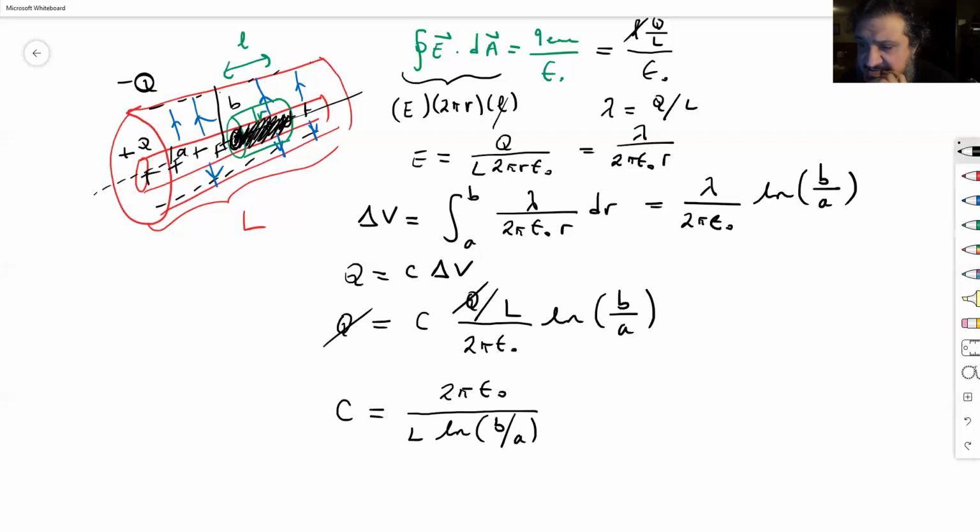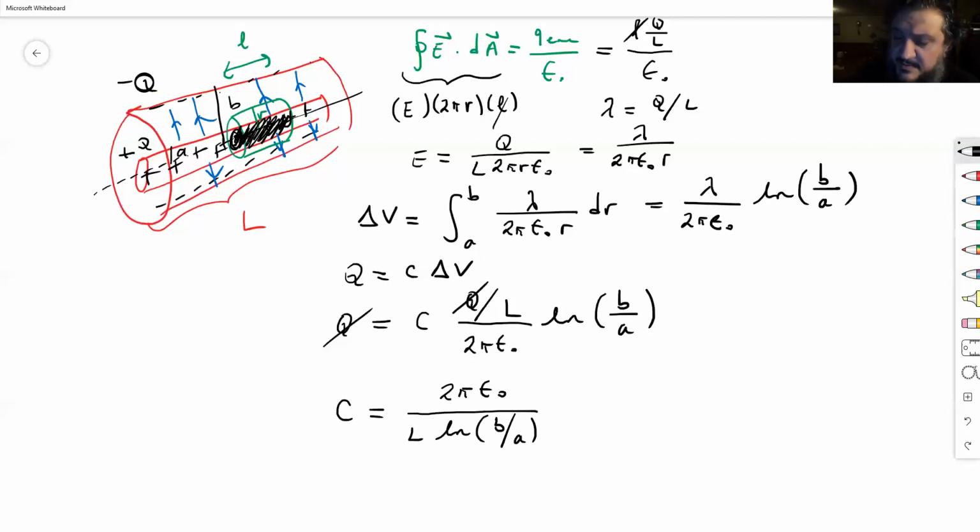Okay, so if L is greater, the capacitance will go... Okay, well, I think I made a mistake here.